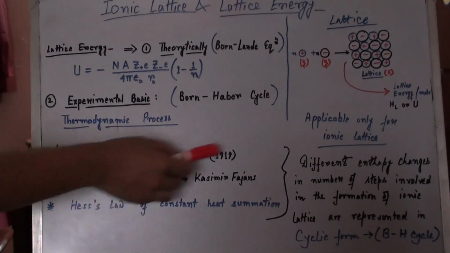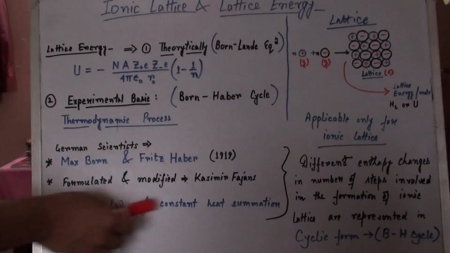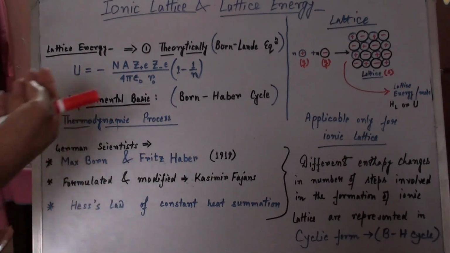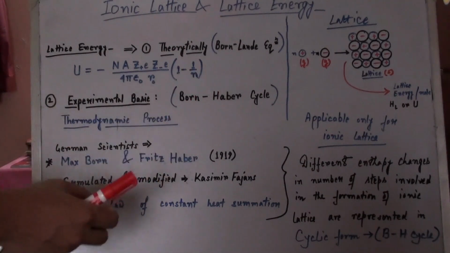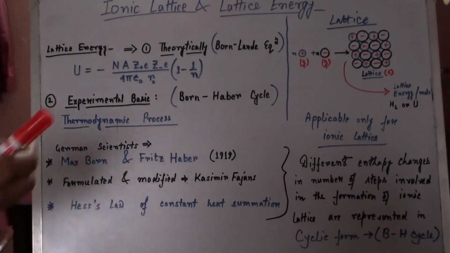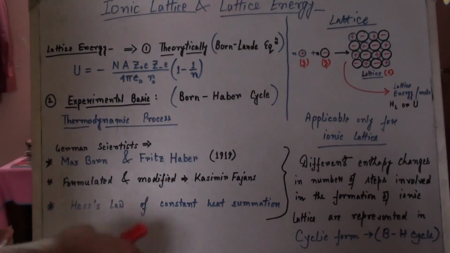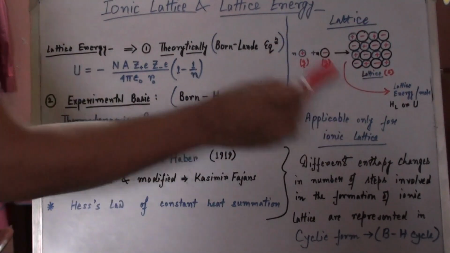So the thermodynamical cycle and Hess's law together provide us the lattice energy of a particular ionic lattice. This type of cycle is only applicable for ionic lattices.